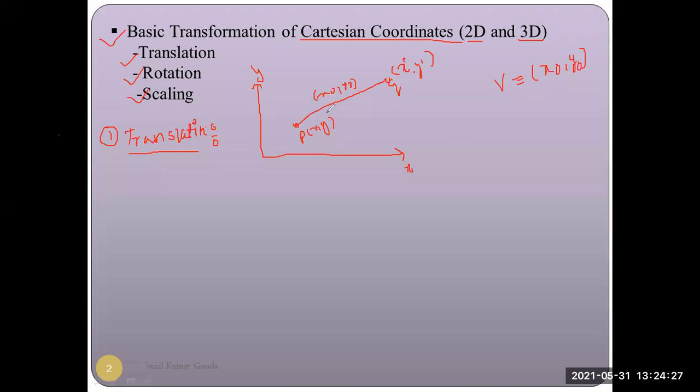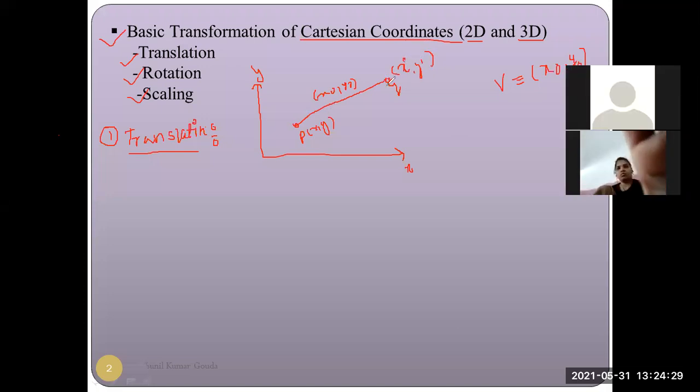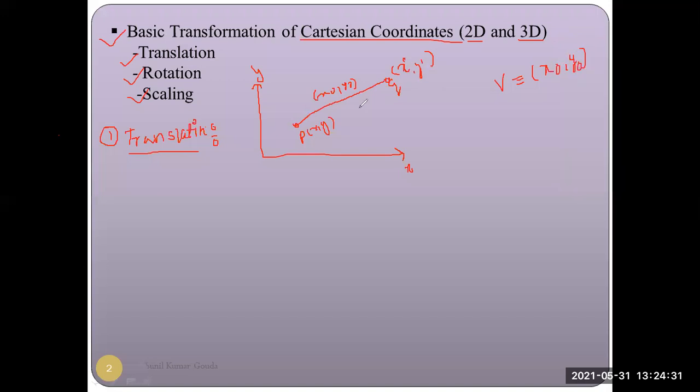How is it happening in Cartesian coordinate? Now suppose this is a point P. Now I have to translate this point P with the vector coordinate x naught and y naught. That means I have to shift this point P by x naught y naught. So the shifted point will be Q, which suppose has the coordinate x dash and y dash. Now how to find the relation?